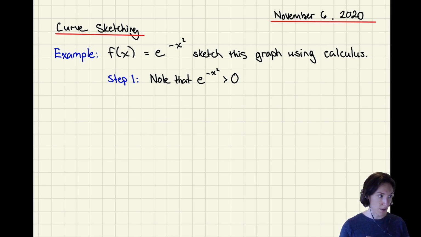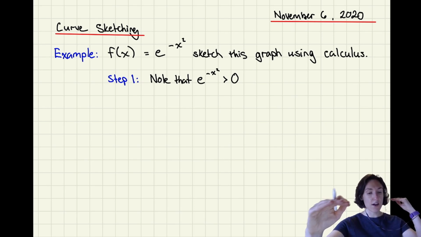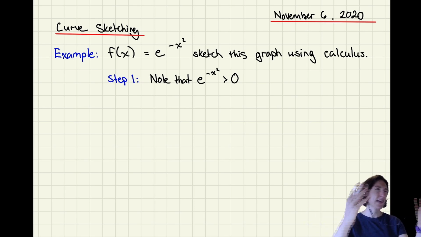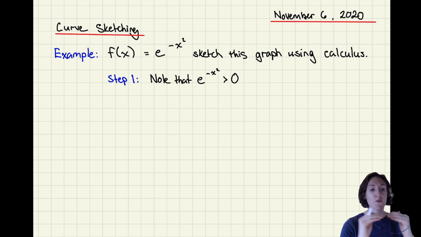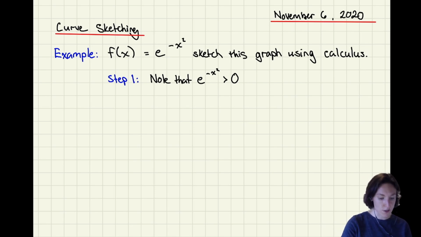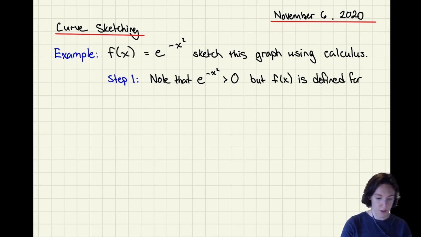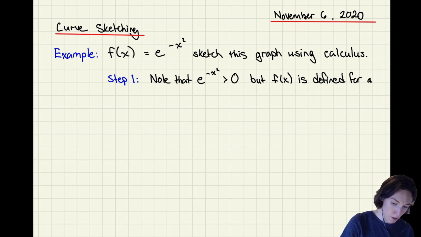It doesn't even equal 0. Sorry, that's the range. The range is going to be positive, but you can take any value of x. f of x is defined for all x, but the outputs are positive.